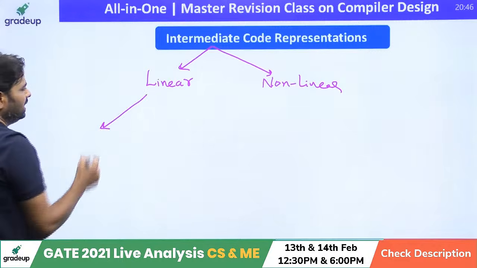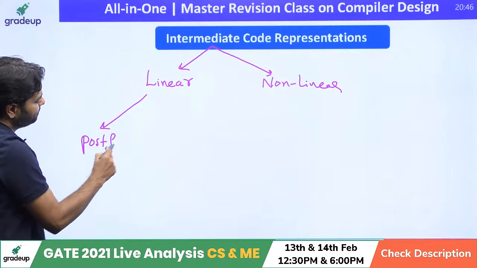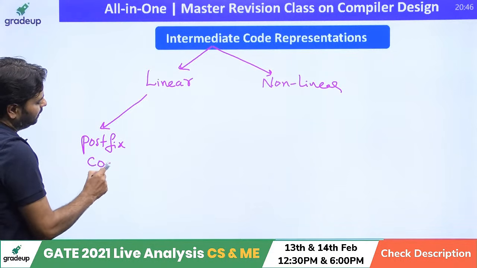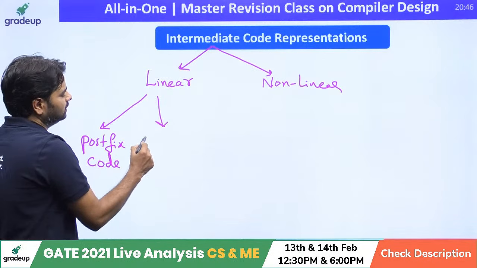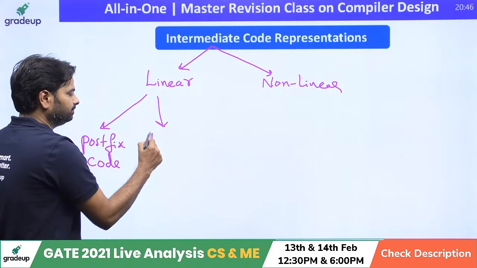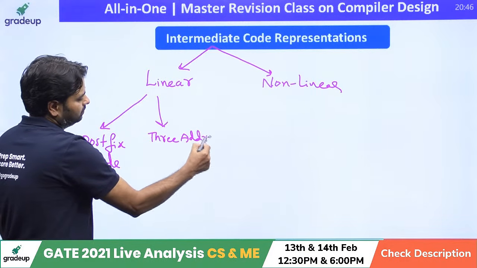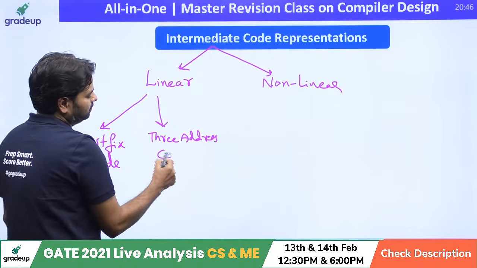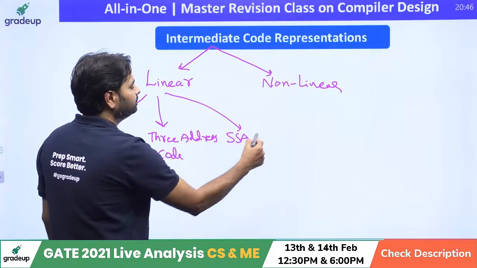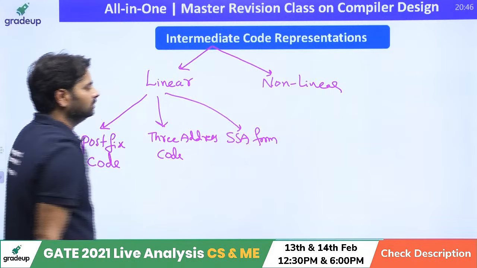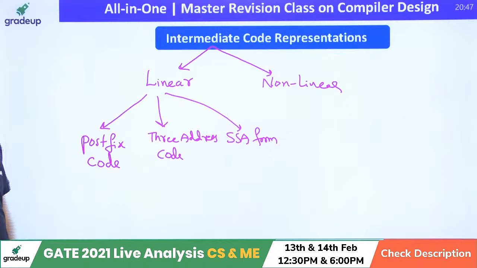Like you want to write postfix code, that is the linear representation, and you want to write 3 address code. Even you have one special 3 address code, that is SSA form. And these are the linear representations.